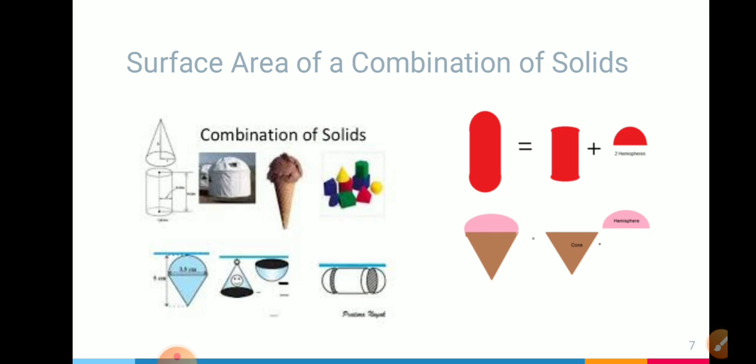You can see a little breakup of these combinations. A capsule is equal to a cylinder plus two hemispheres, an ice cream cone is equal to a cone plus a hemisphere.